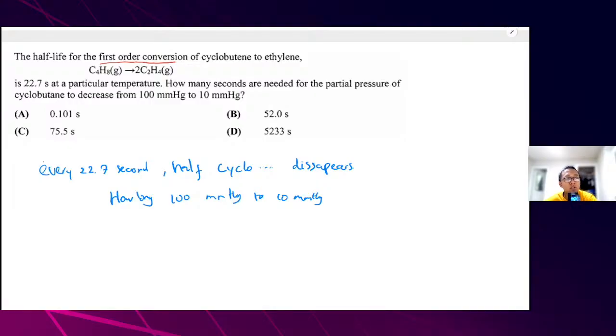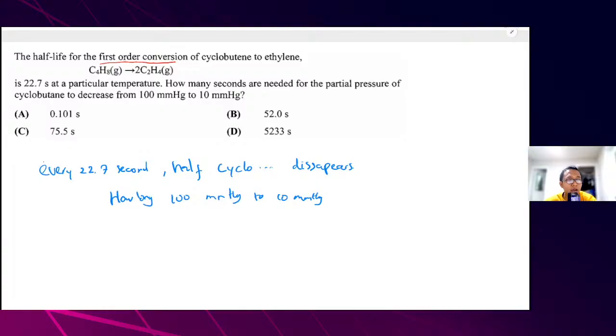The first order is about how much of it is left. The speed at which the substance disappears depends only on how much of it is left. If you start from 100, after one half-life, which is 22.7 seconds, it becomes only 50 mmHg.